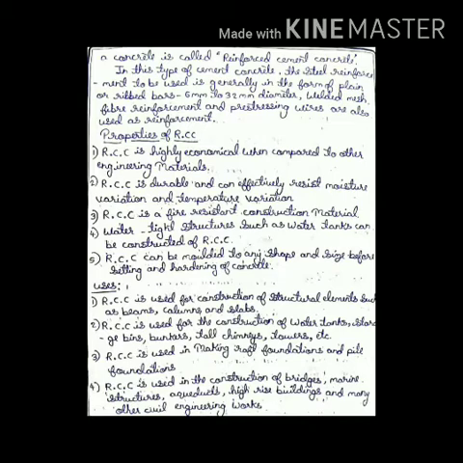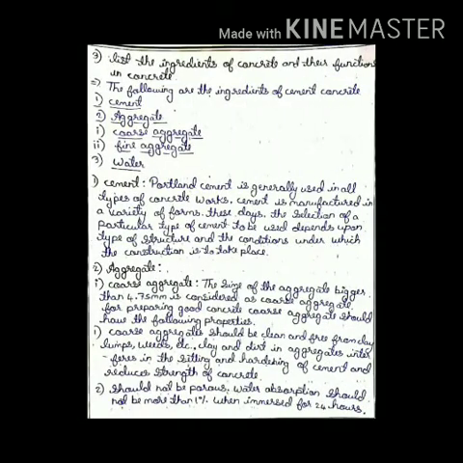RCC is used for the construction of structural elements like beams, columns, staircases, slabs, lintels, etc. It is used in the construction of storage bins, bunkers, water tanks, tall chimneys, towers, etc. RCC is used in making raft foundations, pile foundations, etc. Also, RCC is used in the construction of bridges, dams, marine structures, aqueducts, high-rise buildings, and many other civil engineering works.